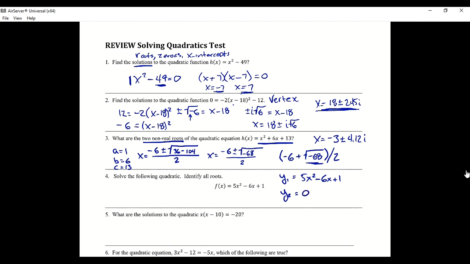Graph. Now we get our parabola. Now we go second, trace, 5 for intersect.